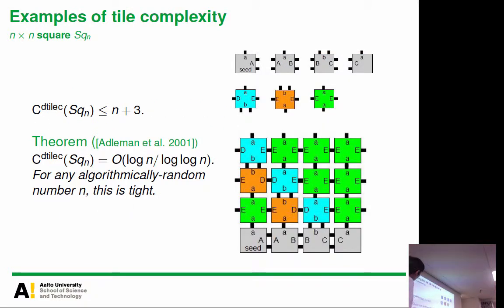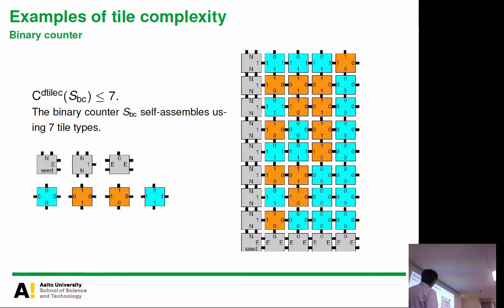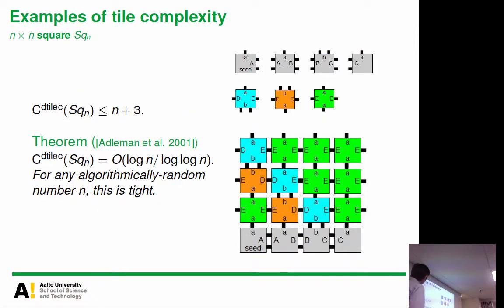For a square, this is at most n plus 3 using this ladder construction. Okay, but I said at most because at most means at least I have this example, but maybe somebody will come up with very nice constructions to make this using 6 tile types. It may be possible. And also this is at most, but I don't say this is the best, because there is a result by Adleman and other people, 2001.